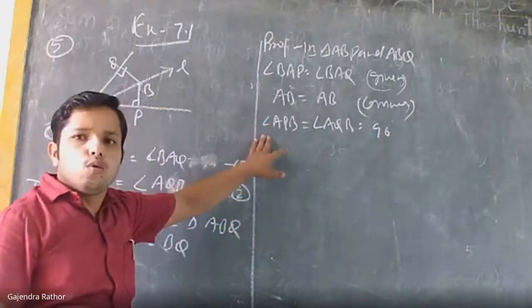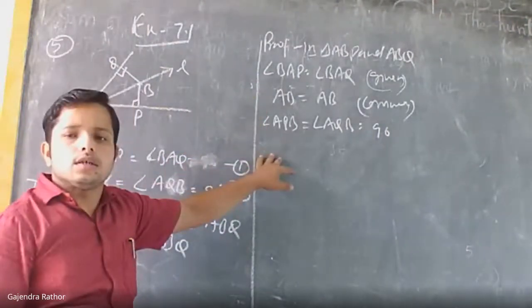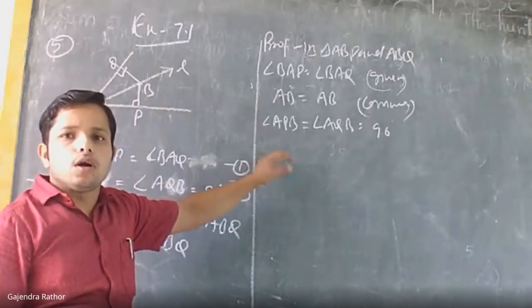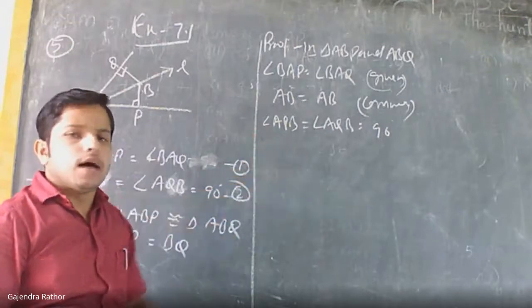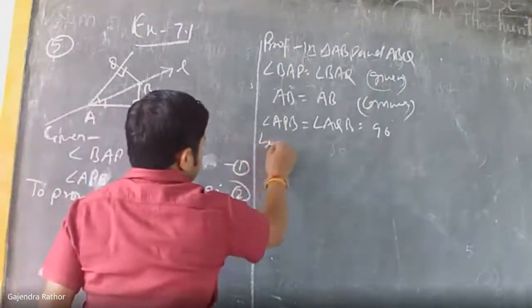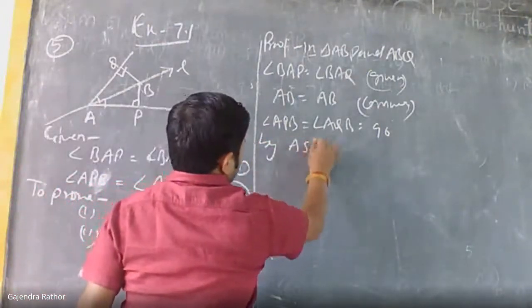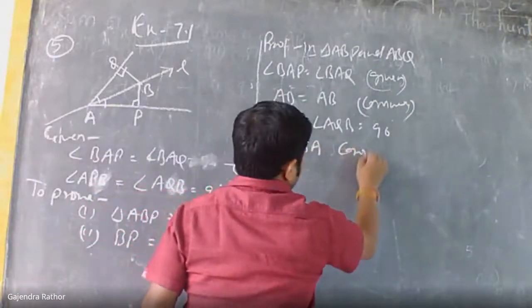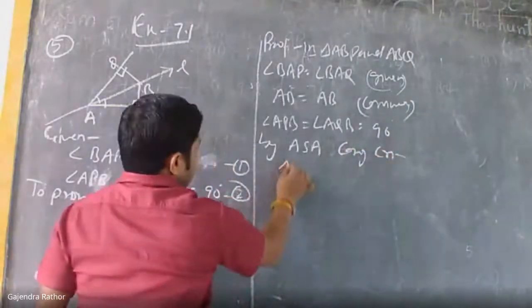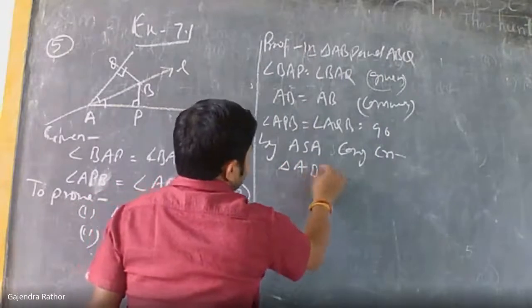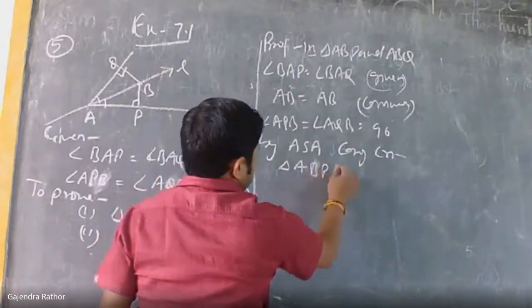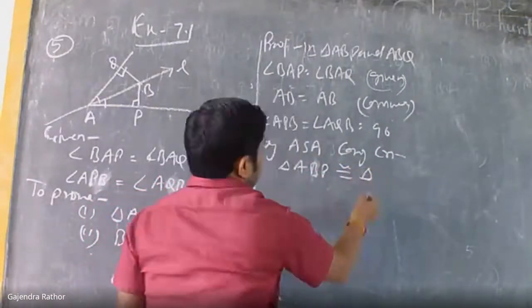So here two angles and one side are equal to the corresponding parts of the other triangle. So by using the AAS congruence criteria, triangle ABP is congruent to triangle ABQ.